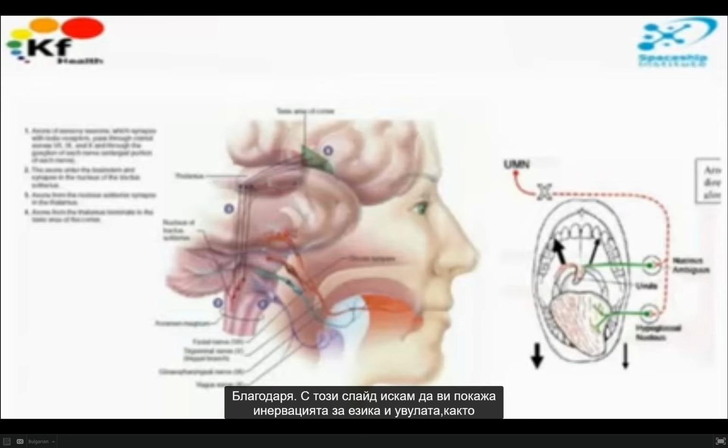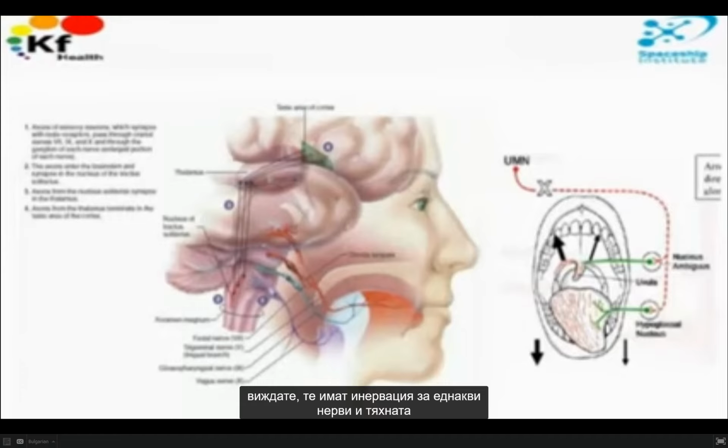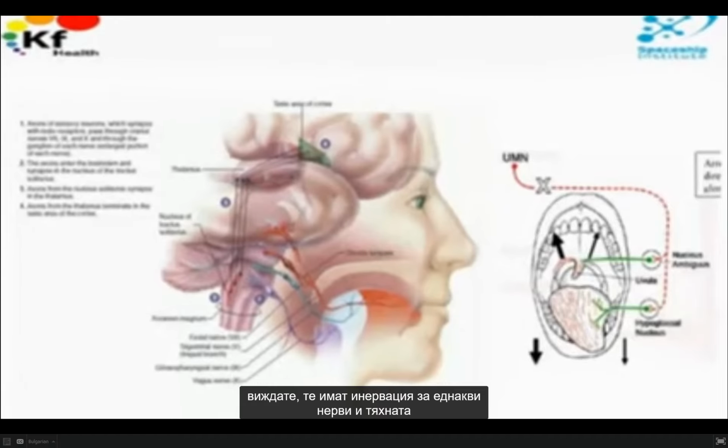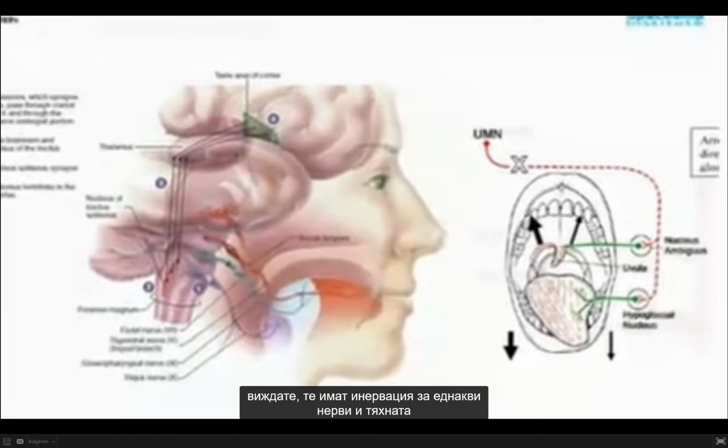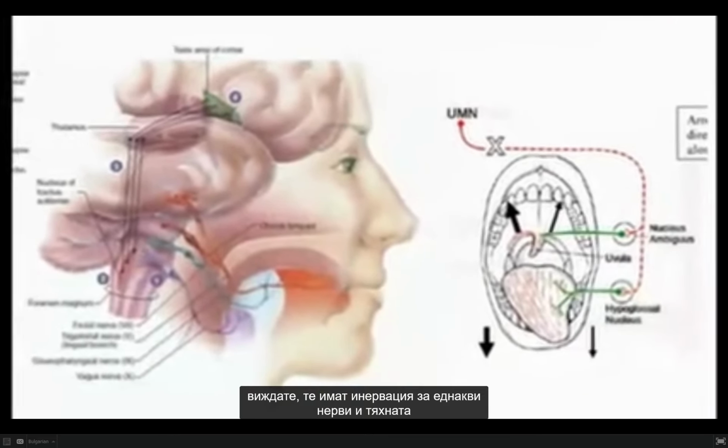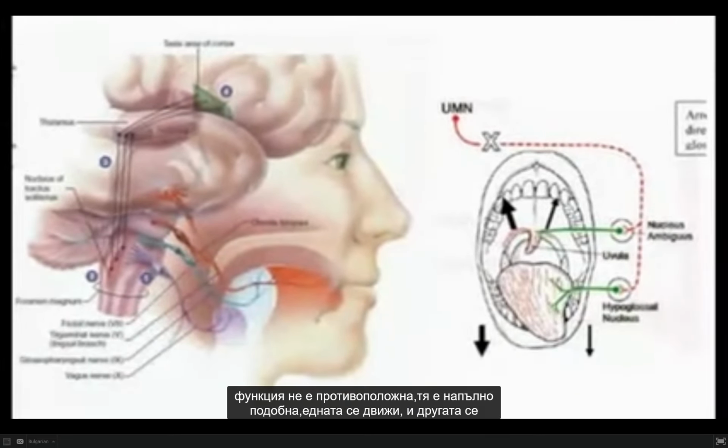Okay, thank you. For that slide, I want to show you the innervation of the tongue and the small tongue. You see they have innervation from similar nerves, and their function is not opposite. It is completely similar.